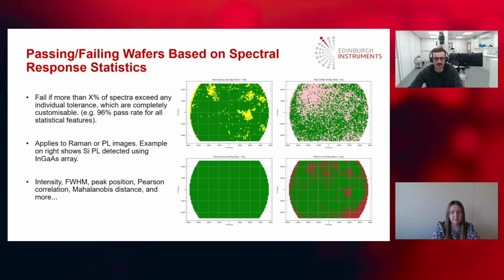So on the screen, we've got failures on the wafer due to intensity in yellow, peak position, which in this example, none failed, peak width, which is in pink, and then we have a PCA distancing metric, which also caused a fail. And this example on screen is different actually. This is for silicon PL that was detected using an InGaAs array.